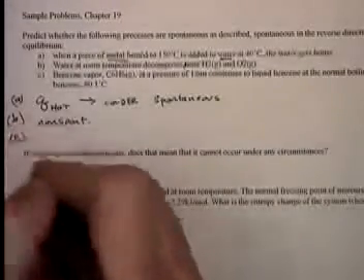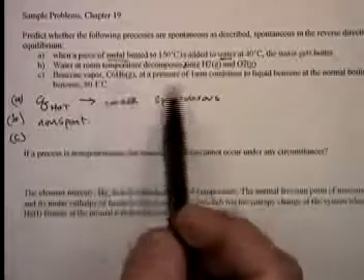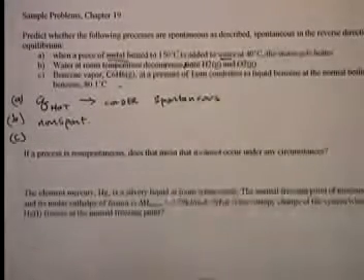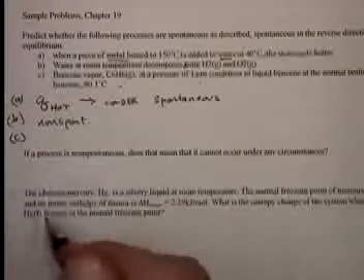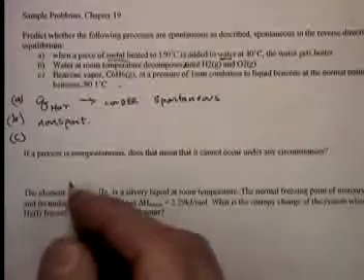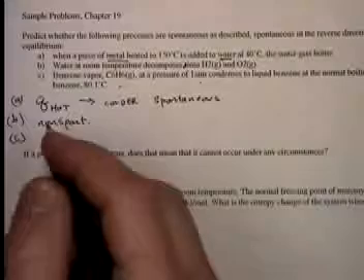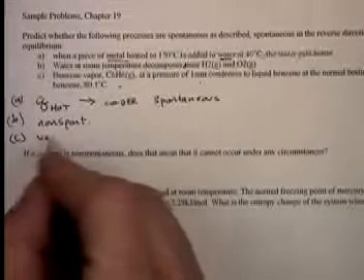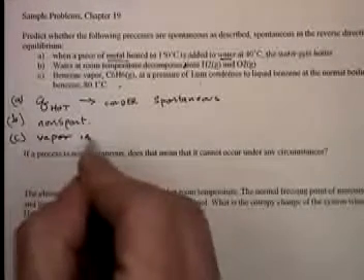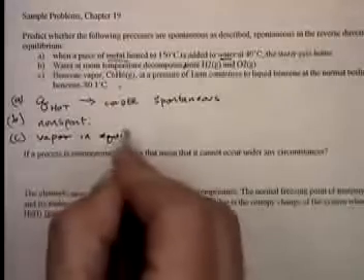Letter C is benzene vapor at a pressure of 1 atmosphere condenses to liquid benzene at the normal boiling point, 80.1 degrees. Well, the definition of the normal boiling point is when the vapor is in equilibrium with its liquid.